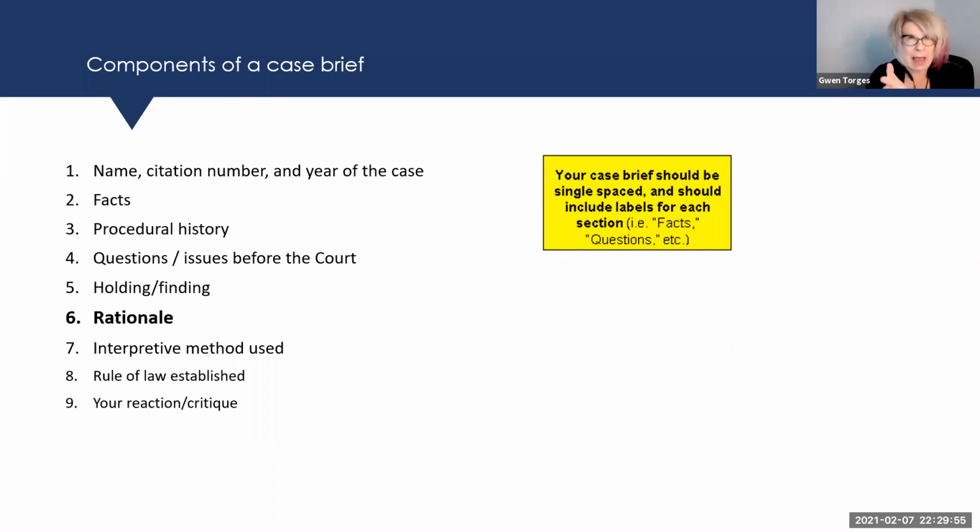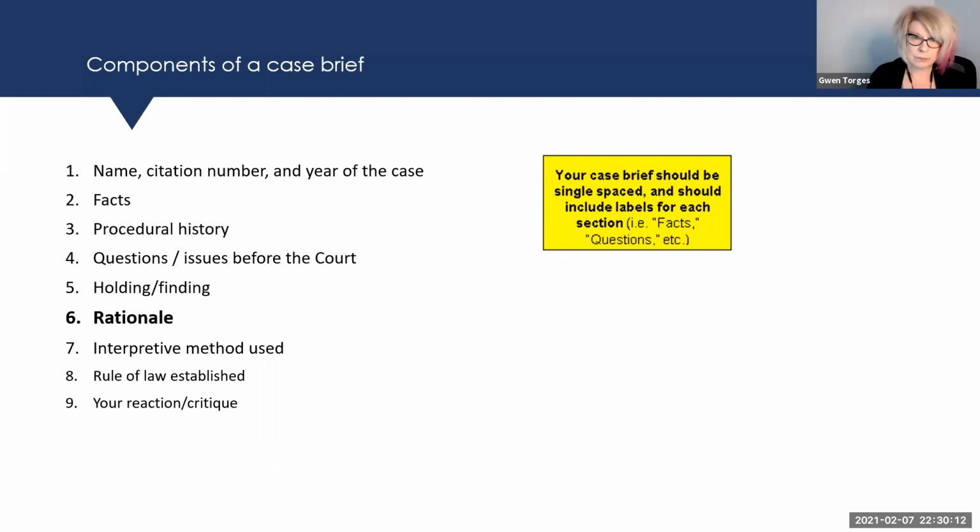That way you can have it in less space. So we're going to follow that tradition, but do label each of these sections with the same labels I have here, like label the section facts, procedural history, and so forth.